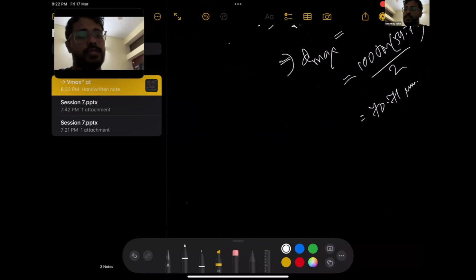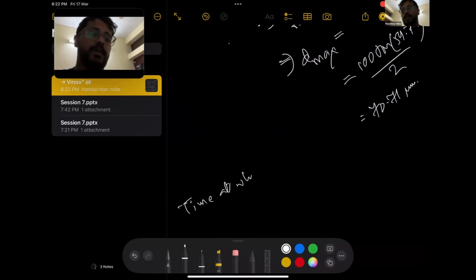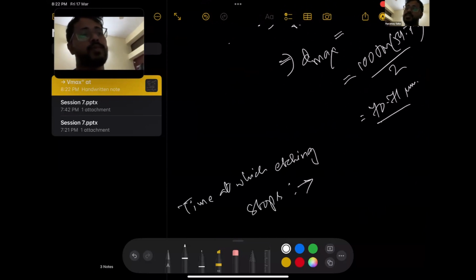Now your question is the time at which your etching stops. How do you find time? You know the distance, and you know the speed as 1 micron per minute. So time becomes distance divided by speed.